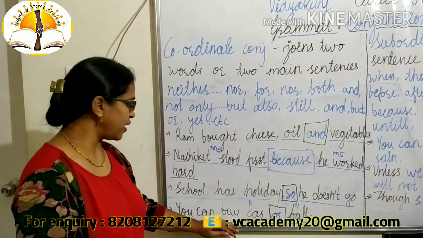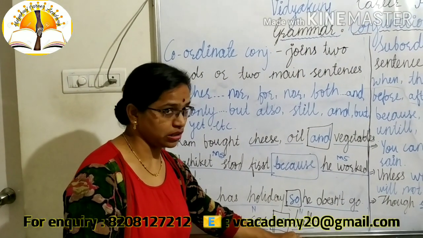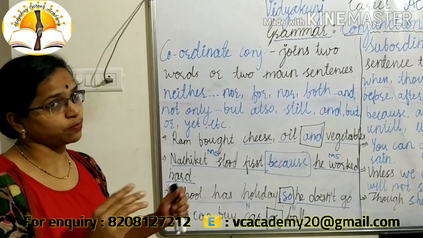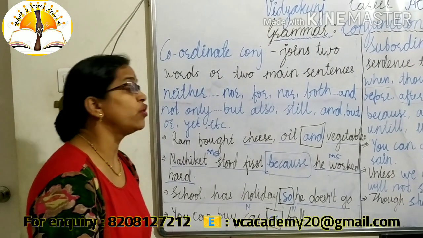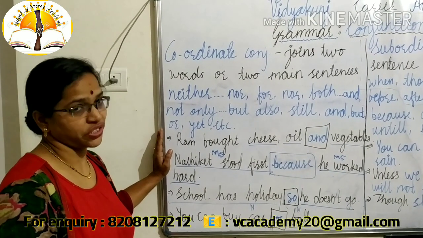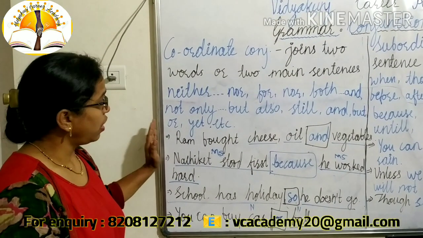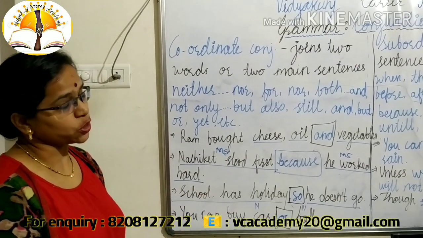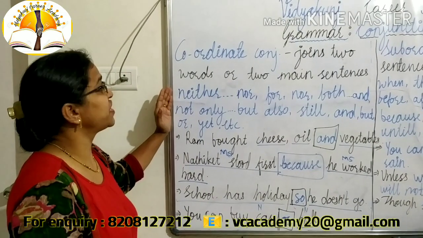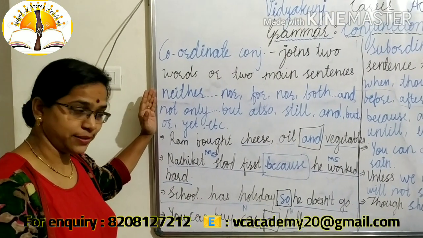It means you have to take any one, not both. I hope you understood coordinate conjunctions and how they are used. You also use these coordinate conjunctions in your sentences.